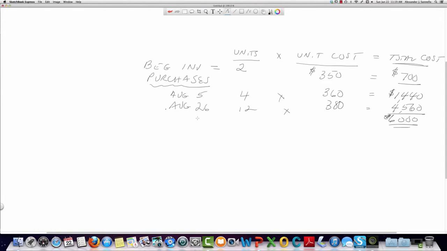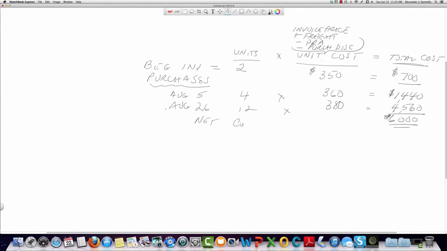That's the net cost. Now again, don't forget, when we talk about the unit cost, it includes the invoice price per unit plus any freight, and then less purchase returns and allowances and purchase discounts. All right, that all goes into the unit cost.